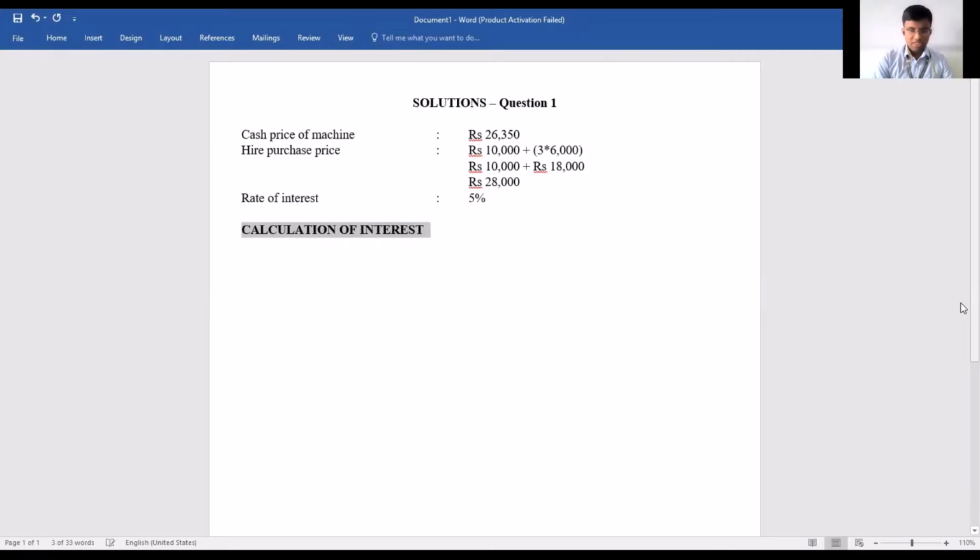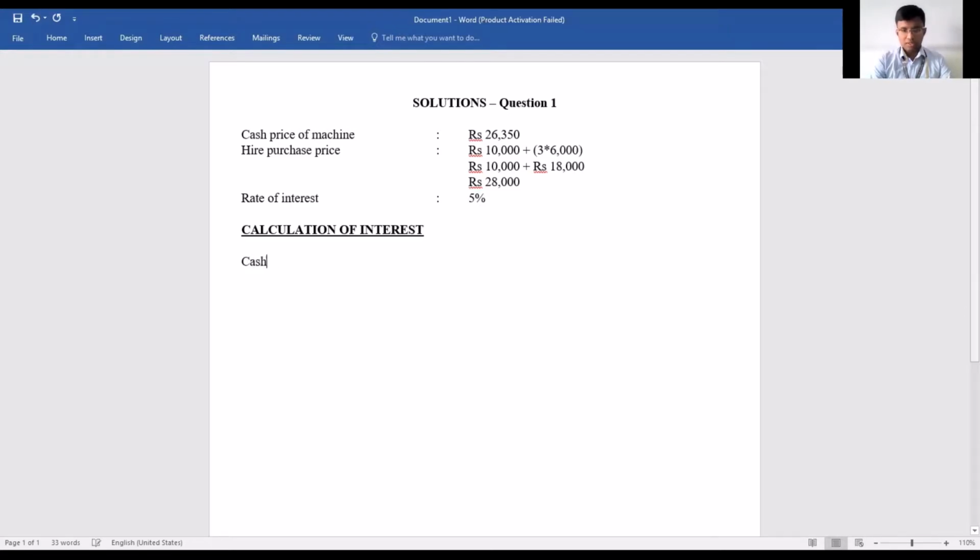Now, please remember, interest is calculated at 5%. Another very important aspect you have to remember here is whenever we work out hire purchase, interest is always computed on the outstanding amount. So 5% of the amount that is outstanding. That is how it will get calculated.